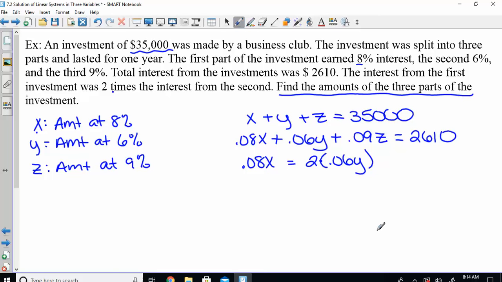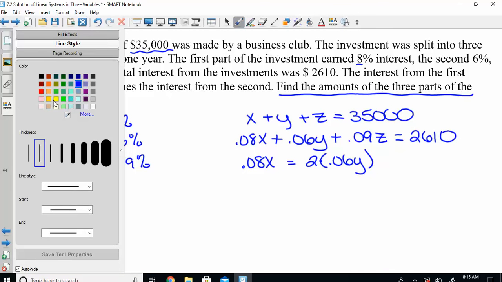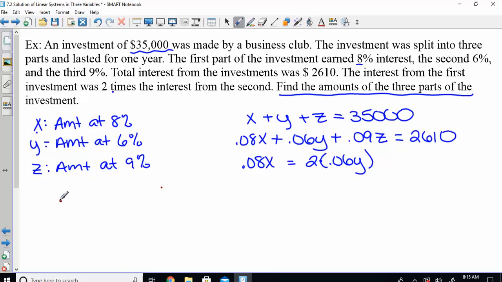So now I need to solve this. We can do substitutions or elimination. Where do you want to start? What about, you want to start with this last equation and see what we can do? So if I'm looking at it, that means 0.08x equals 2 times 0.06, which is 0.12y.